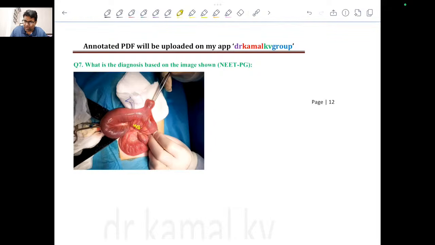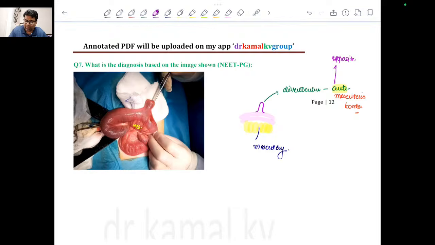So suppose if this is the gut like this, and this is the attachment of mesentery. The diverticulum is on the other side, so it means the diverticulum is on the anti-mesenteric border. Clear? So anti-mesenteric border. Now what do you mean by the word anti? Anti means opposite here.